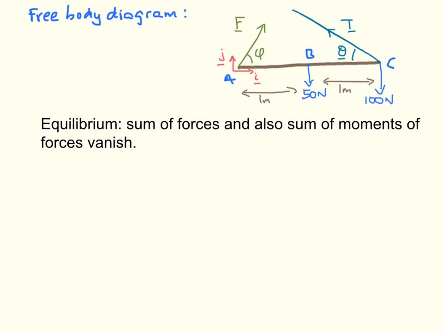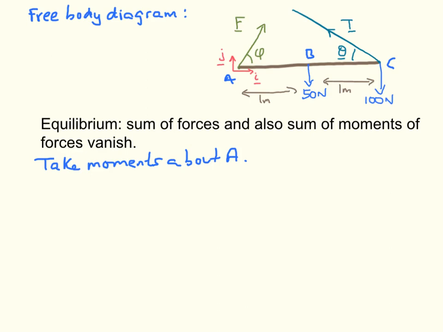Okay, so let's take moments about A. And the thing to realize is that we have a sign convention that forces that would try to make the object, in this case the rod, rotate in an anti-clockwise direction about A are going to have a positive moment of force, whereas this force and this, which would try to make the rod rotate in a clockwise direction, have negative moments of force.